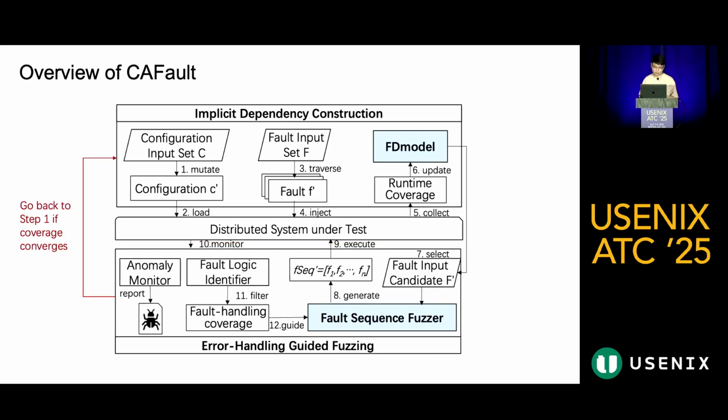If the coverage starts to converge, meaning new fault sequences no longer trigger more fault handling code, CAFault goes back to the first step to re-explore and update the FDModel. Then it selects another high-quality configuration and continues with the next round of fault injection fuzzing. This way, CAFault keeps learning and testing more effectively.